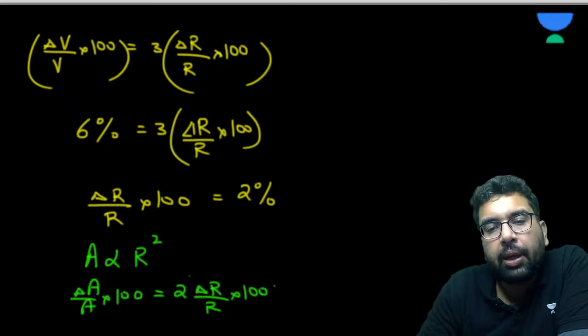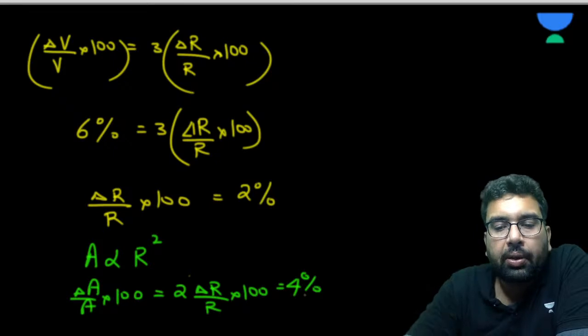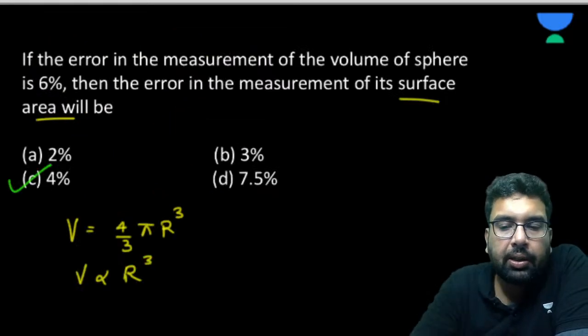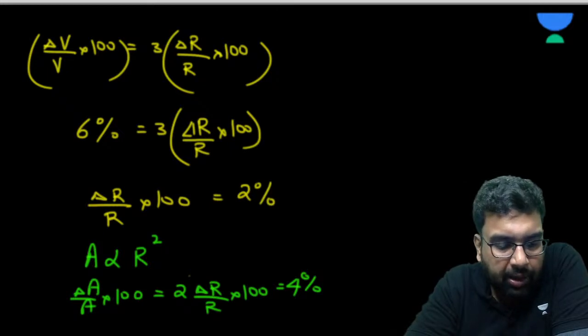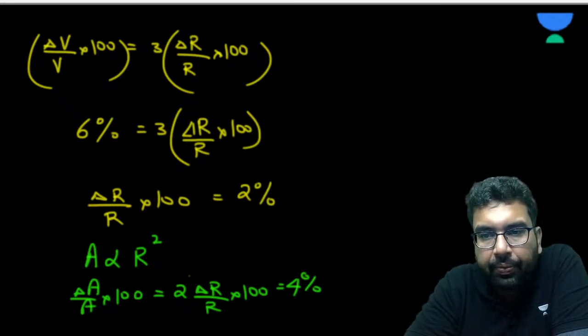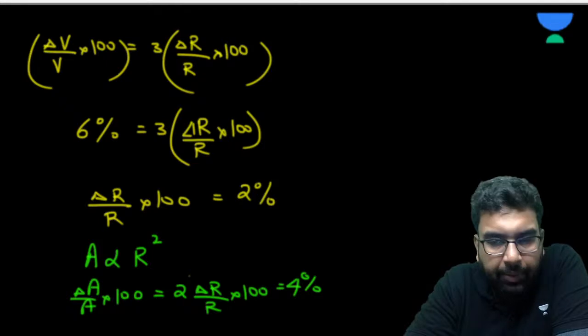So this is going to be 4%. So what is going to be the answer? It is going to be the C option. Is that clear? Beta, please answer me. Right. So what is the mistake some of you have done? Yeah, is it clear, beta?